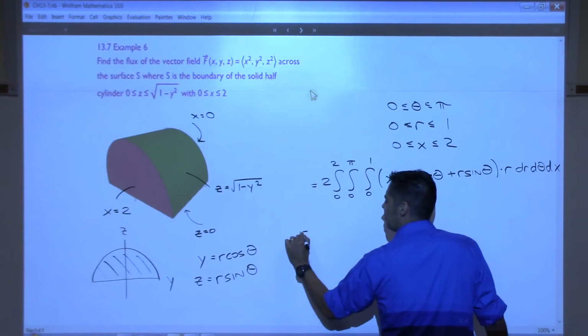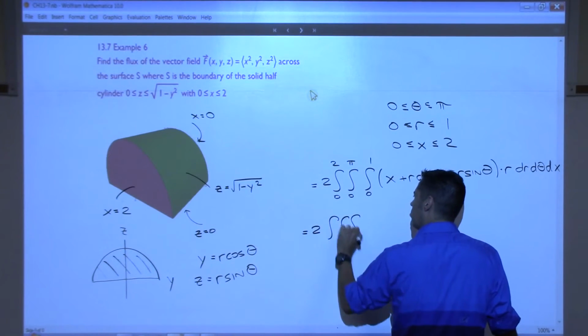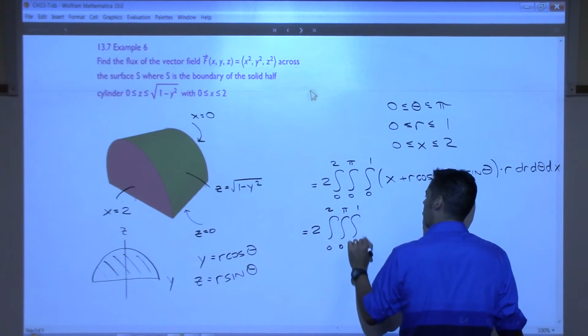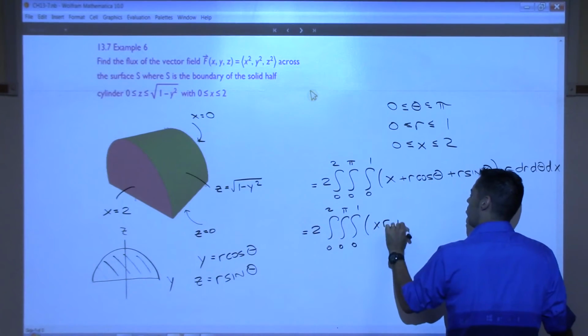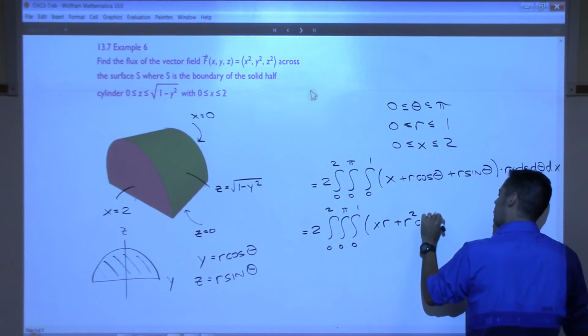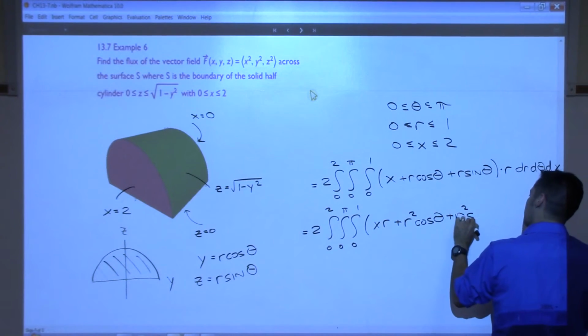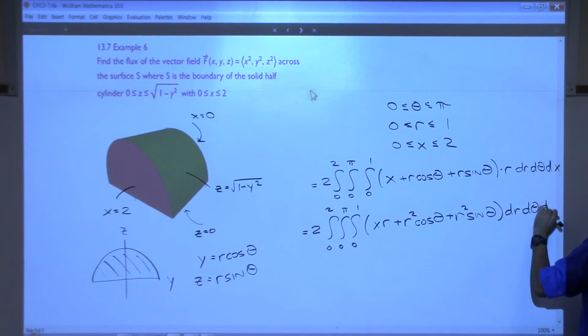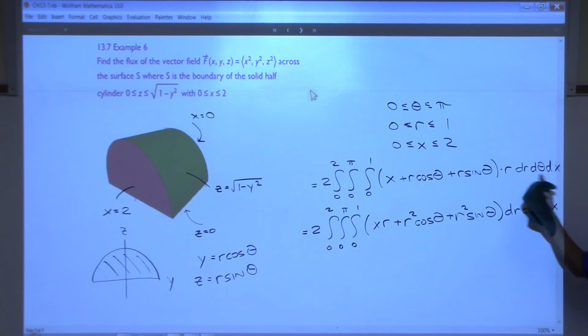This is equal to 2 times the triple integral 0 to 2, 0 to pi, 0 to 1 of xr plus r squared cosine theta plus r squared sine theta dr d theta dx. So I just distributed the r through. And now I'm going to integrate everything with respect to r.